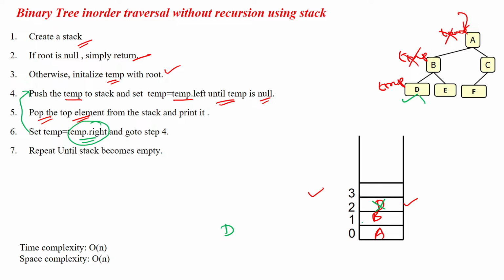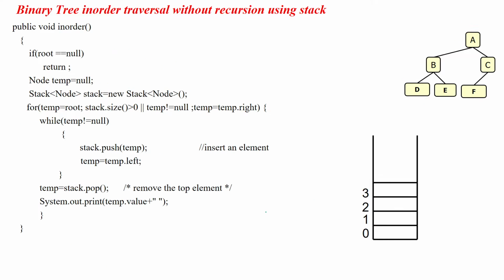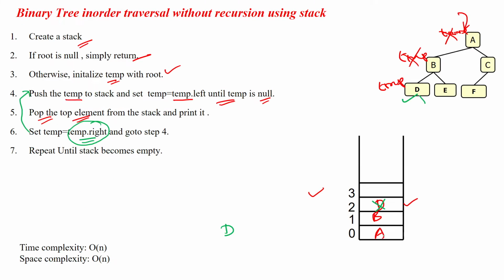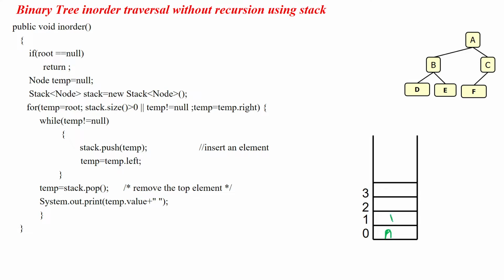So after popping the element, here we are having a and b. So as of now d is the temporary that is popped out. So now after that inside the for loop we have to check temporary dot right. So temporary dot right, again it is null. So since the temporary is null, the loop is not executing, it is false.